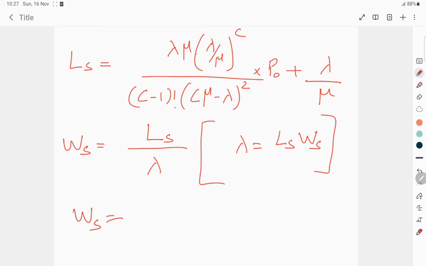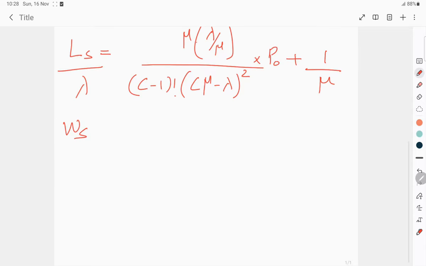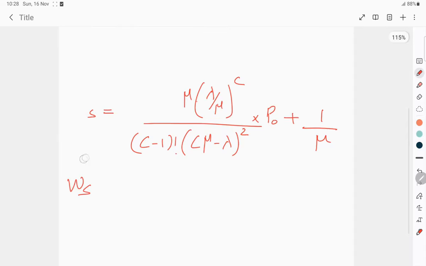I am writing here itself: LS divided by lambda will give you WS. Taking this lambda and this lambda, it will become 1 by mu, and this now becomes WS. So easily we can write WS.